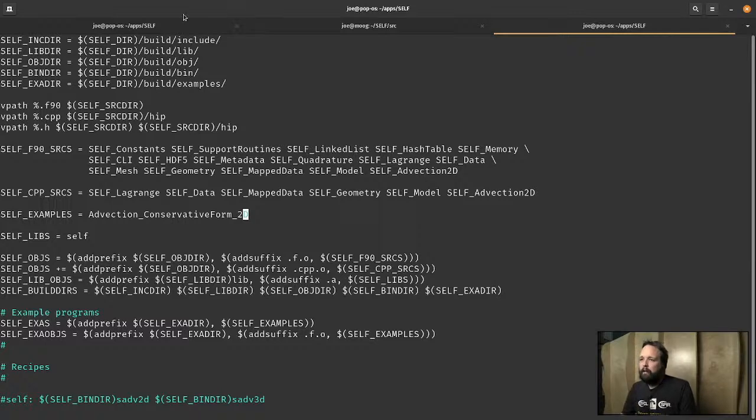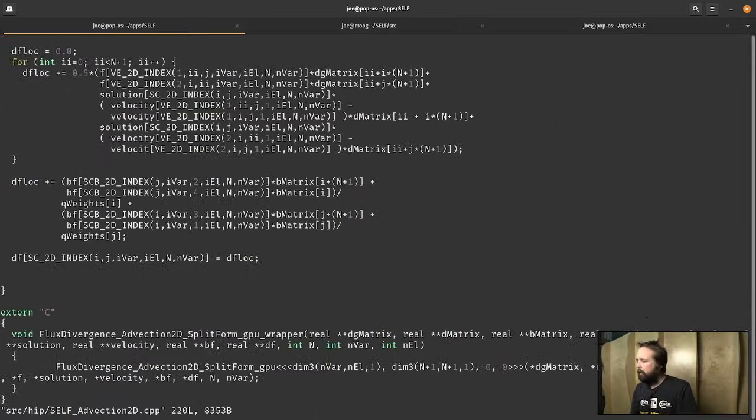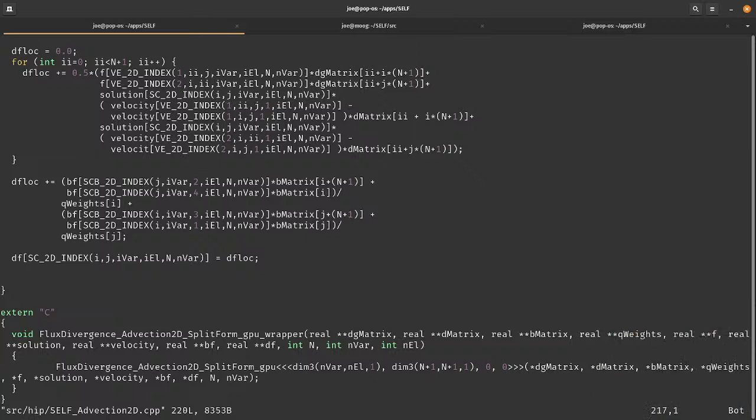So let's take a look at how we did. Cool. Got some stuff that's not matching up. So solution and velocit are undefined. Cool. So I got some issues with the argument ordering. So we got the DG matrix. All right. So first, let's fix this velocit issue.